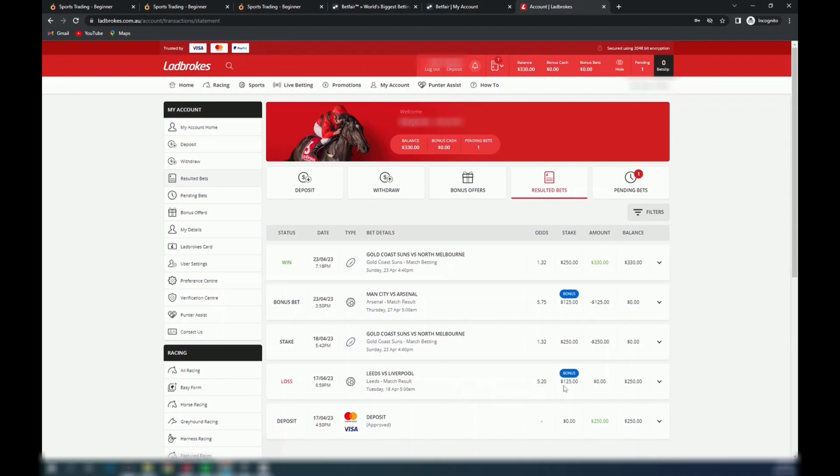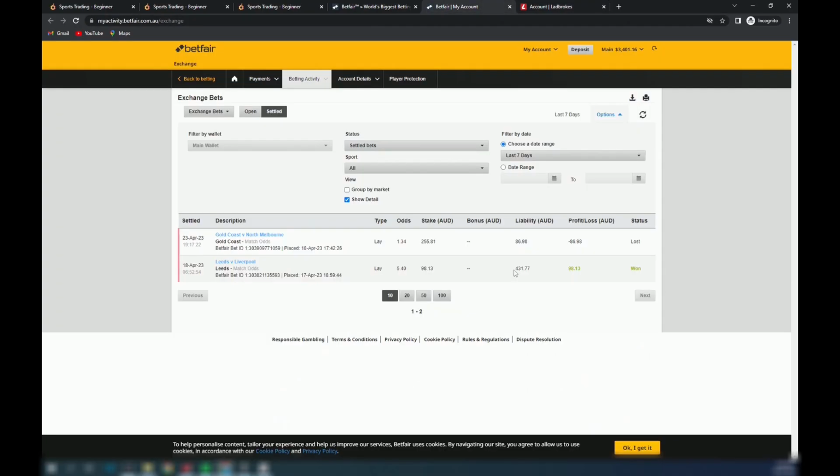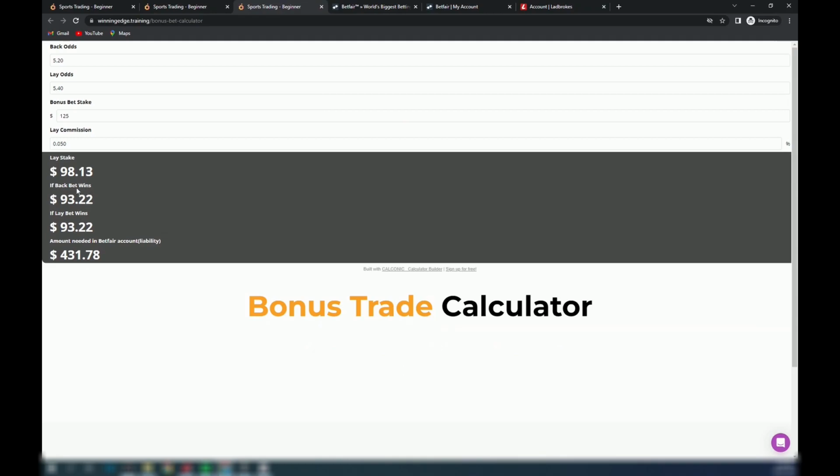And then we lose $431.77. And guess what that gives us? That gives us $93.23 total profit. We still get exactly the same as we did with our back bet winning. It doesn't matter.